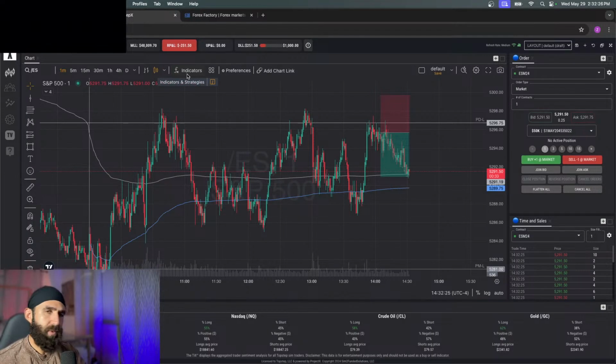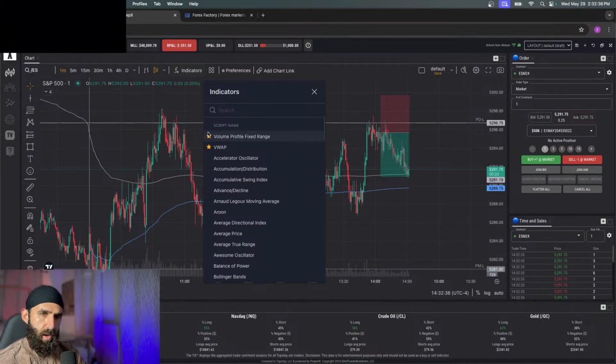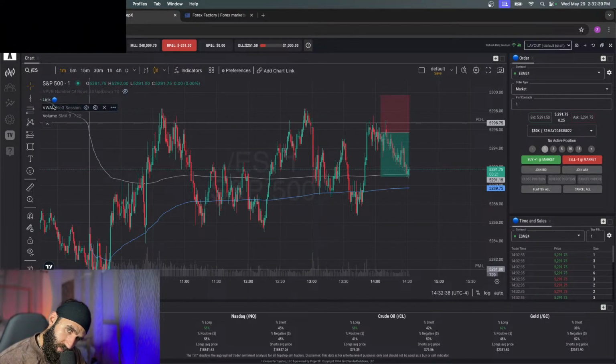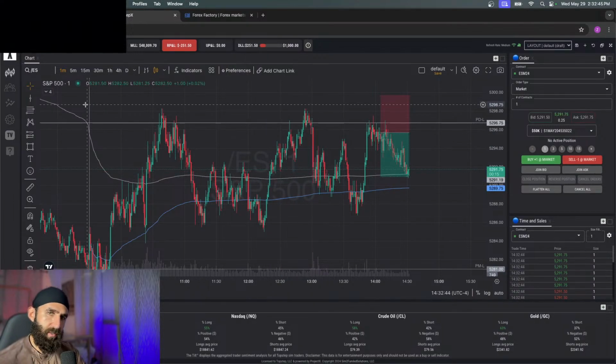You would come up here on top step X and you would type in, don't need moving average, you would type in VWAP. And it would be this one right here. VWAP. I changed the color on it to white.